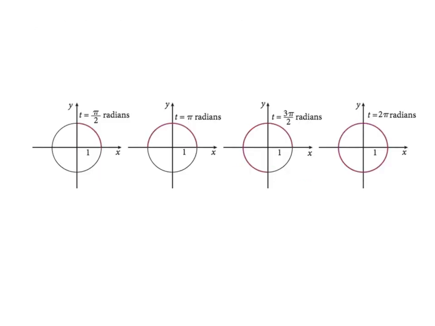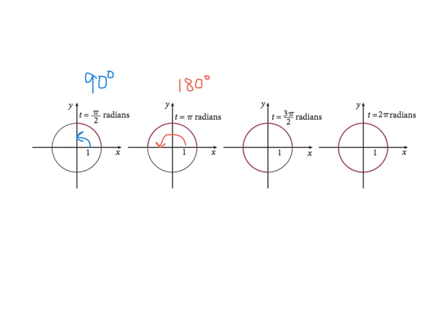Now let's look at those quadrantal angles in terms of radians. This first one, we've got t, or angle measure, equal to pi over 2 radians. That is comparable to the quadrantal angle of 90 degrees, right, where we're rotating to the positive y-axis. And then we have angle measure of pi radians. That is the same as 180 degrees, where we rotate to the negative x-axis.